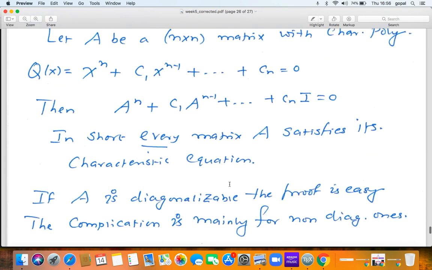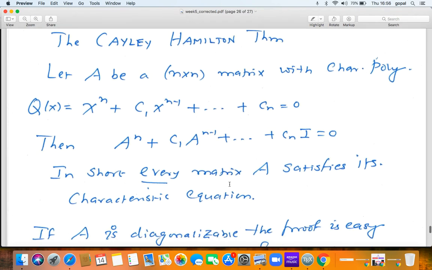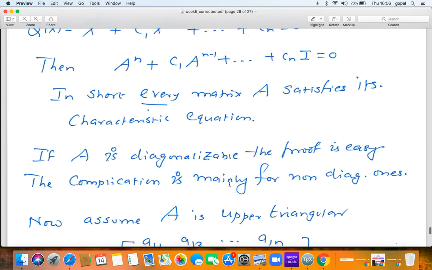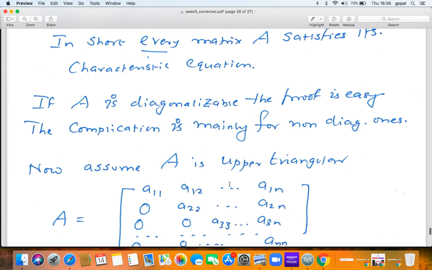The proof of the Cayley-Hamilton theorem is not completely obvious, but we are going to prove it when A is diagonalizable. Let us assume that the matrix is diagonalizable. It's going to be easy when it's diagonalizable, but we are going to prove it even for a much smaller class.